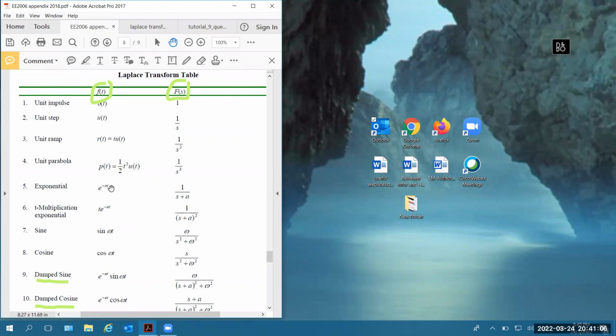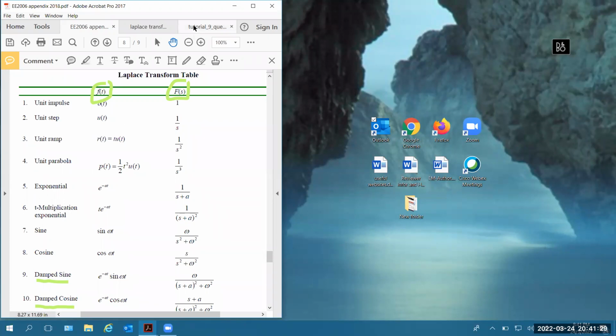But actually it is there. Just that they didn't put it down. So you see all this e to the power minus at, actually behind there's a u(t). The meaning of u(t) is just to tell you that the t here can only be greater than or equal to 0. So that's the meaning of u(t).